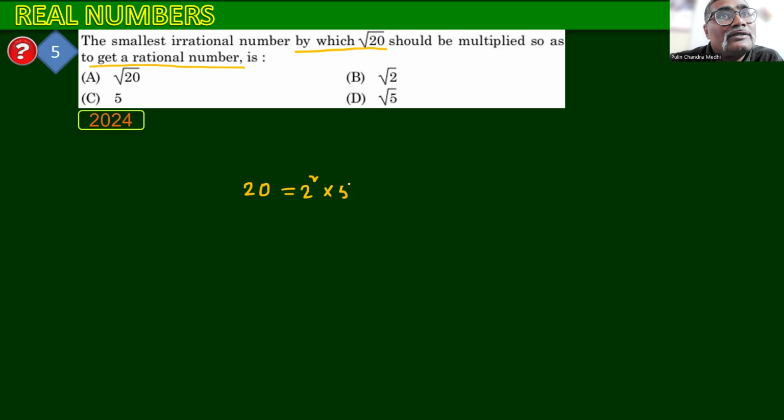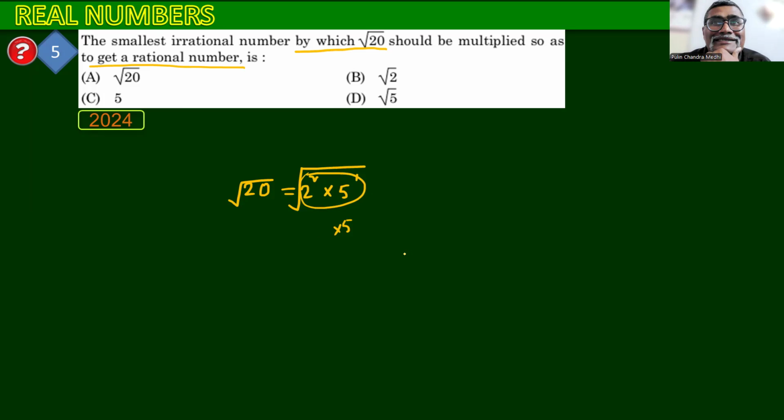It is 2 square into 5 to the power 1. So if you want to make it a perfect square, you already know even from class 8, all prime factors should come in pairs. So what is not here which is coming in pair? 5. So only one 5, if you multiply, this particular number will become a perfect square.